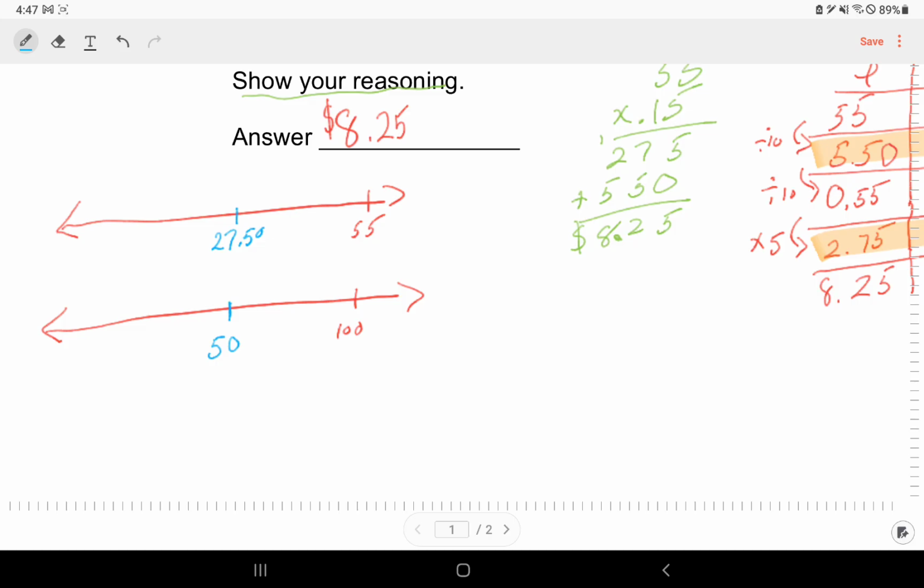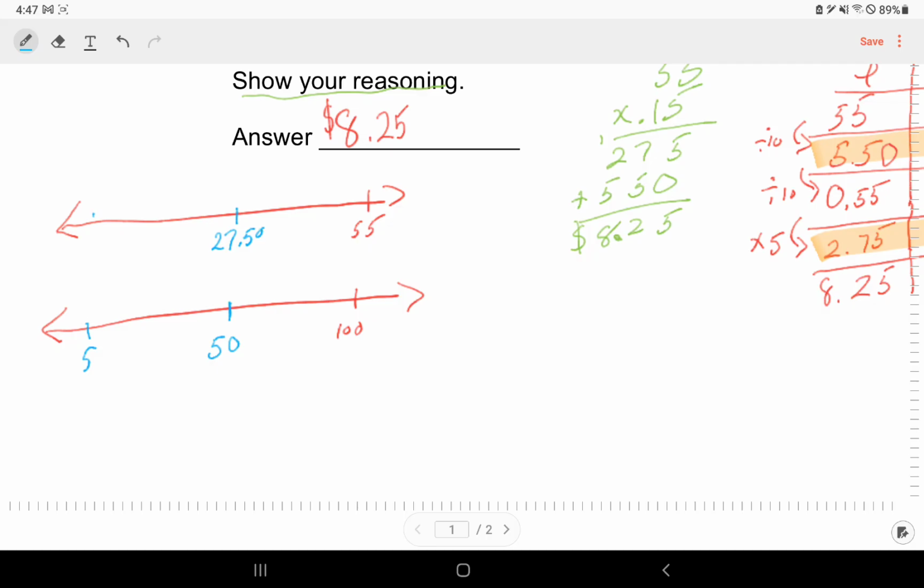Okay. Well, I need to get lower. So I decide I'm going to go from here to 5. So I'm going to divide by 10 and say 5%.